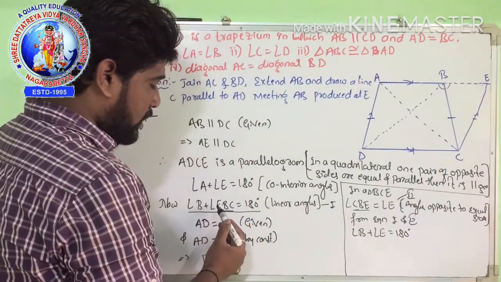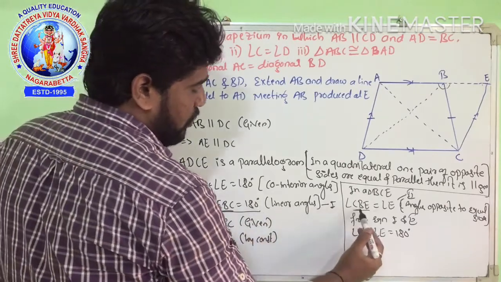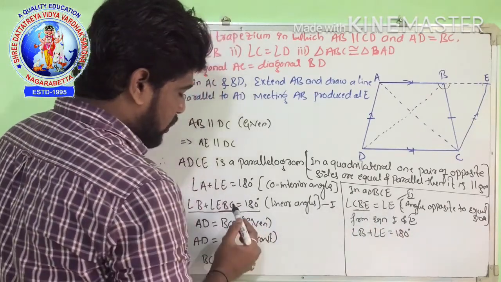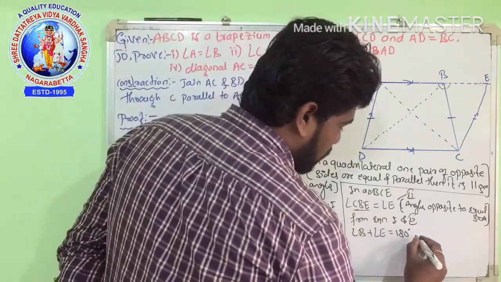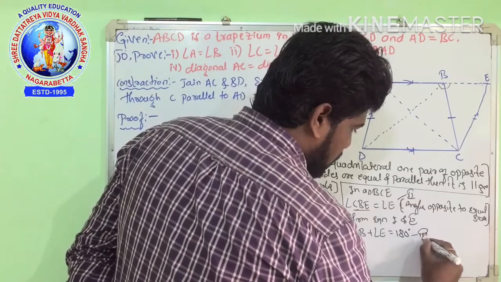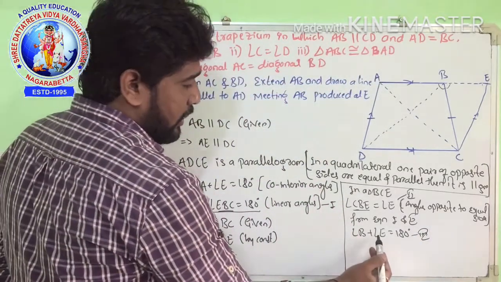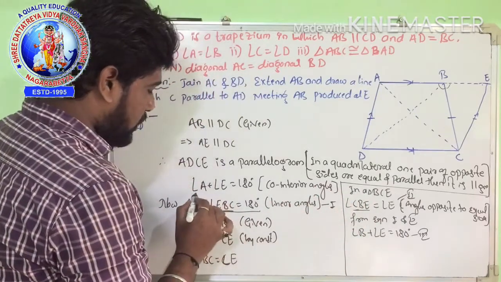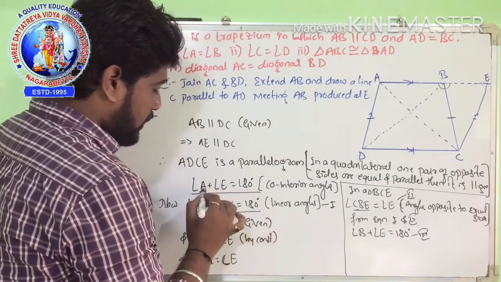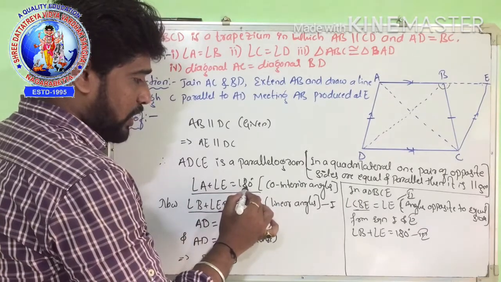Angle B plus angle EBC is equal to 180. So angle EBC is equal to angle E. So instead of this angle, we can write angle E, right? So call this equation 3. See here, in equation 3, angle B plus angle E is equal to 180, and here we know that angle A plus angle E is equal to 180.